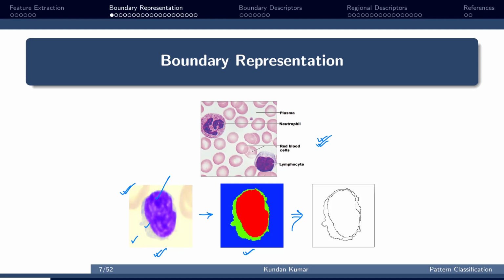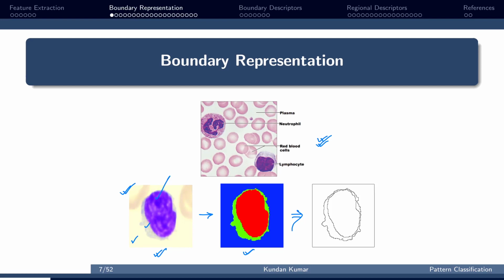Based on the irregularities in the boundary, we can say whether the cells are healthy or unhealthy. There are different ways to represent and describe the boundary, so that features can be used to separate the blood cells into two categories, healthy and unhealthy, whether the cells are cancerous or non-cancerous.